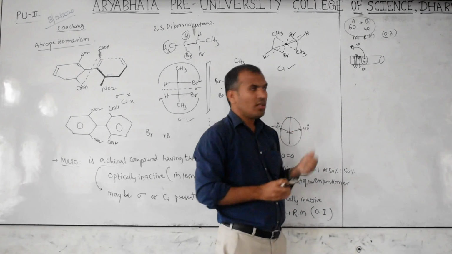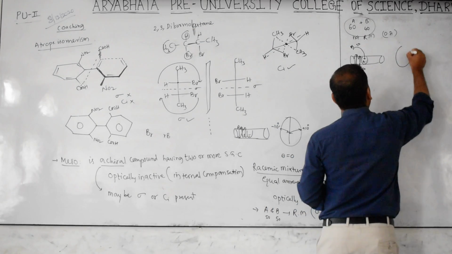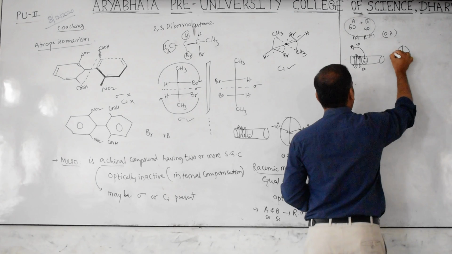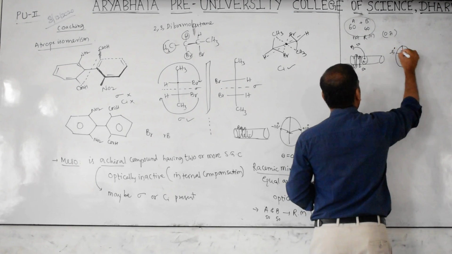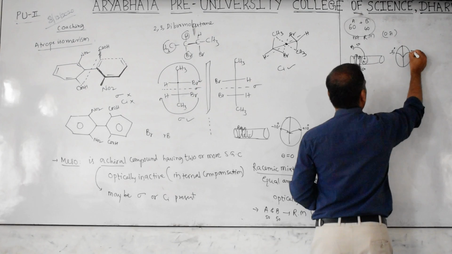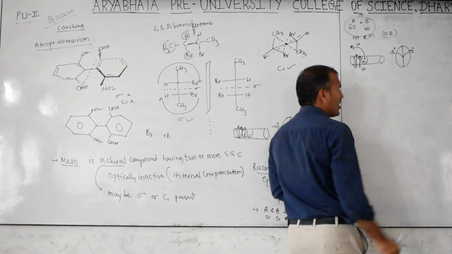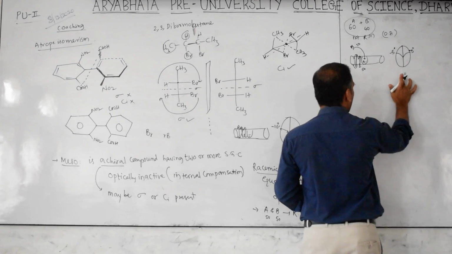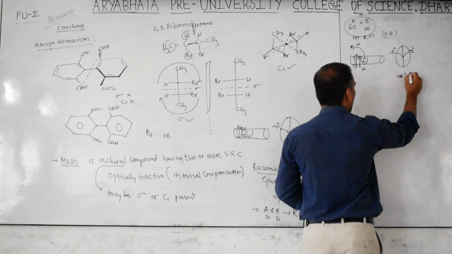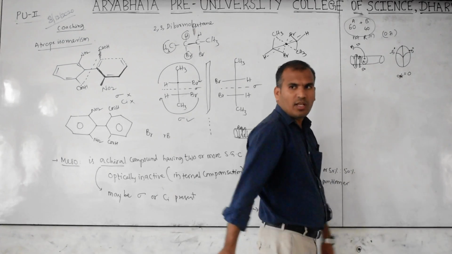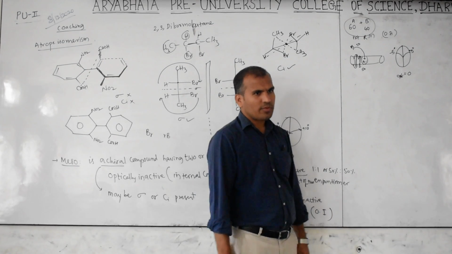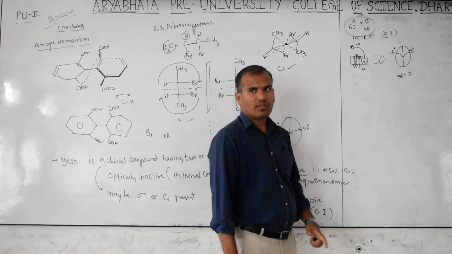Equal amount of two enantiomers, what do you call it? Racemic mixture. Then here in the plane, this A molecule rotates, for example, to the left, minus 5 degrees. This B molecule rotates to the right, plus 5 degrees. Then the resultant, what is that? Alpha, generally, in the textbook it is given as alpha. How much is it? 0. Resultant observed rotation is 0, so optically active or inactive? Inactive.